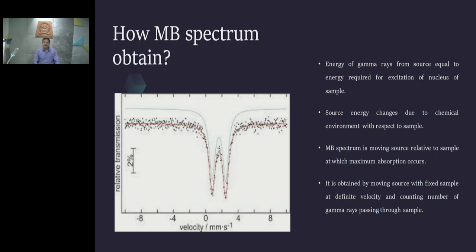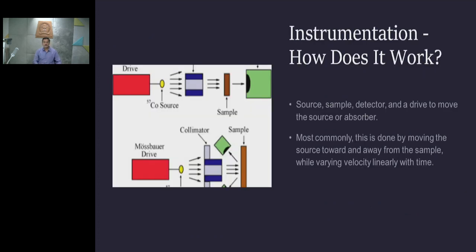It is also obtained when the source is fixed at the sample with a definite velocity and we count the number of gamma rays passing through the sample, which we call the frequency, and therefore we get the MB spectrum: relative transmission with respect to velocity in millimeters per second. That way we get the MB spectrum.